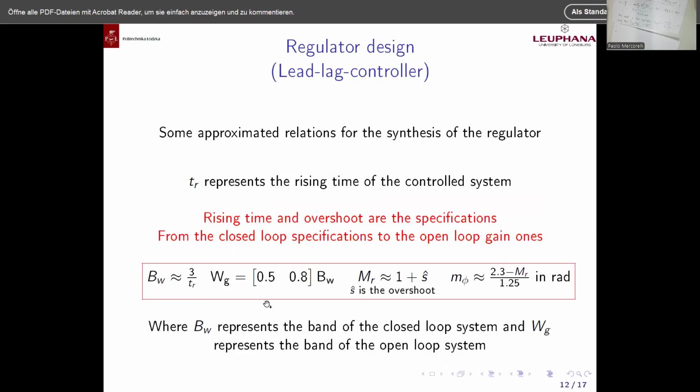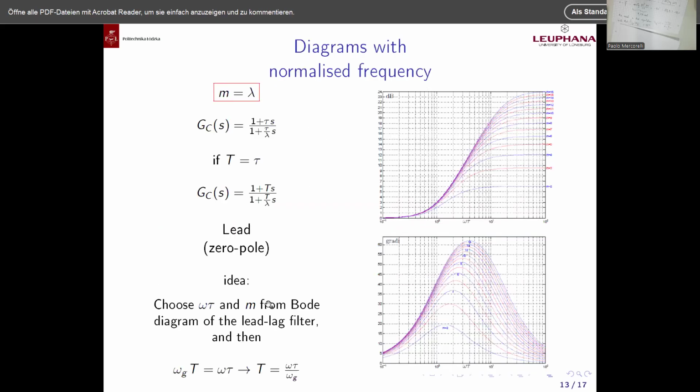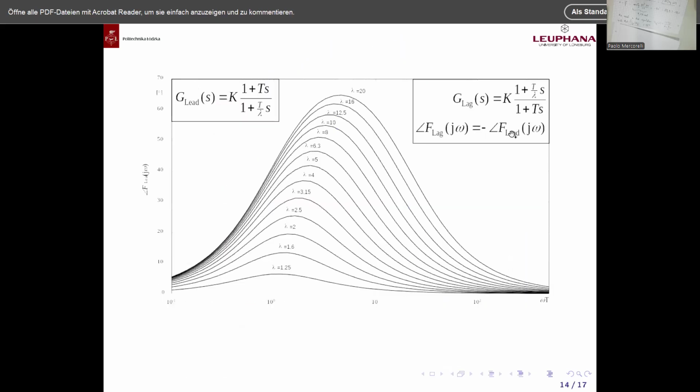If you combine both lead and lag, you have more possibility to obtain the required overshoot without sacrificing too much on the rising time, which at this moment we calculate with this ki.